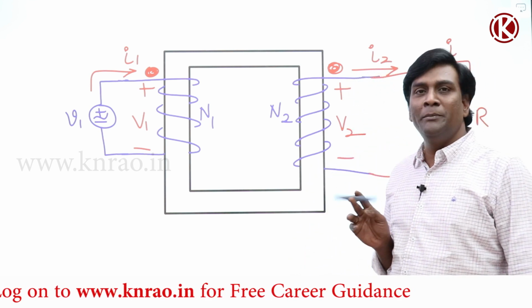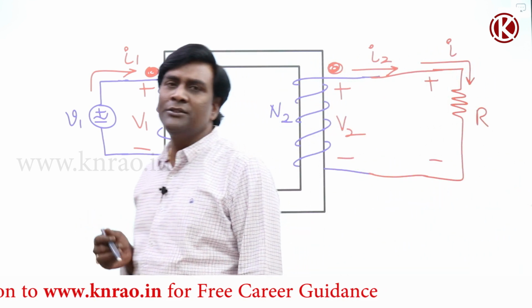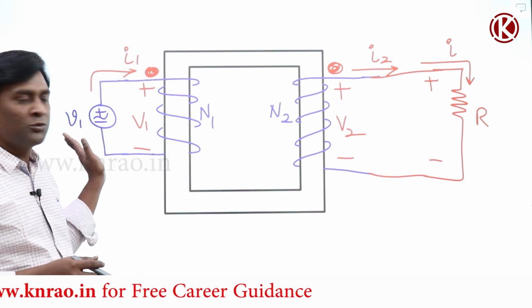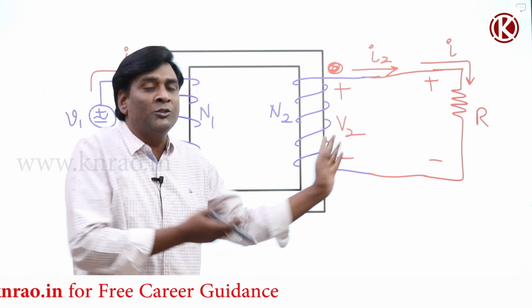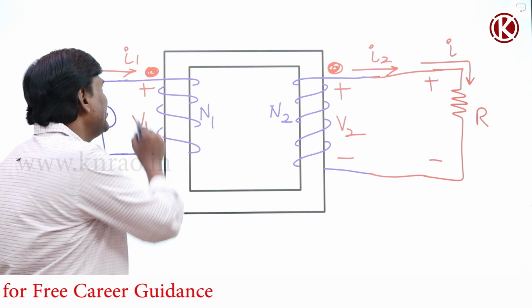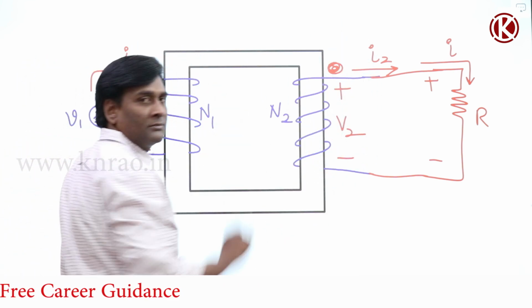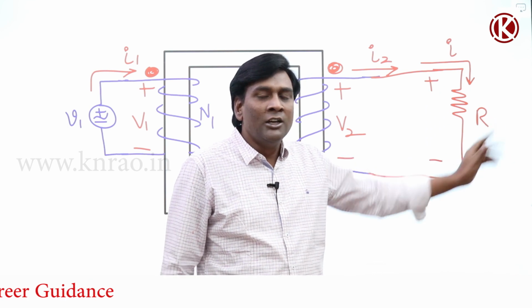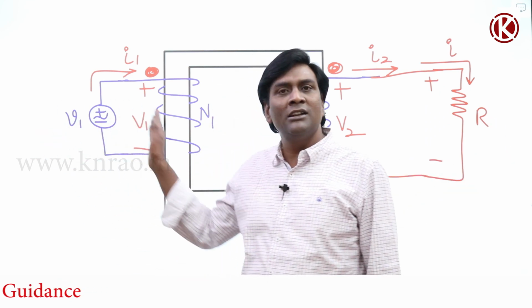Now see here, transformer. Is it a passive element or an active element? Transformer is passive. So if I don't have this source, it cannot deliver any power on its own. It's passive. So if I think of this as passive, it is delivering some power here, so the source has to deliver that power.